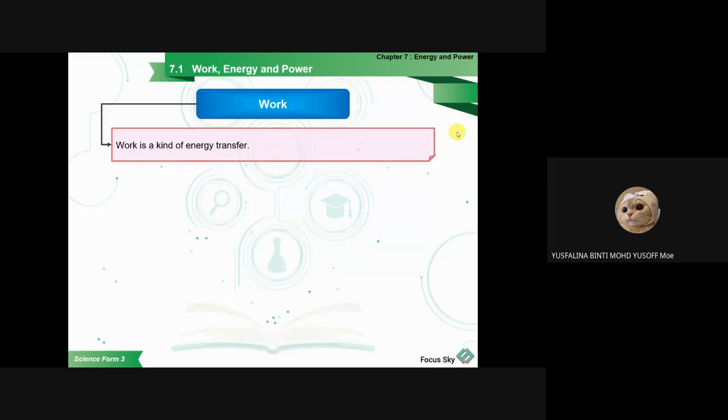When you push the box and it starts moving, every moving object must have kinetic energy. So the chemical energy in our body changes to kinetic energy. That's why work is a kind of energy transfer, energy changing from one form to another.